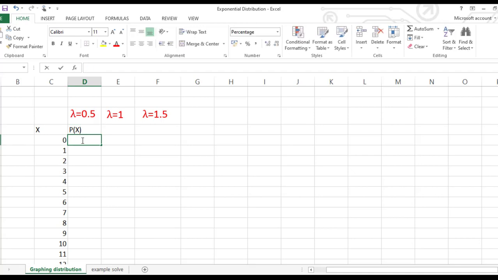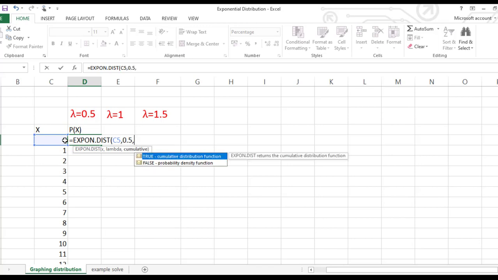So here I am going to use the exponential distribution command. So first I have to insert the value of x. So I am linking it with this cell. Then I need to insert the value of lambda, which is 0.5. Now since we are calculating the probability density function, I am going to use the false command.